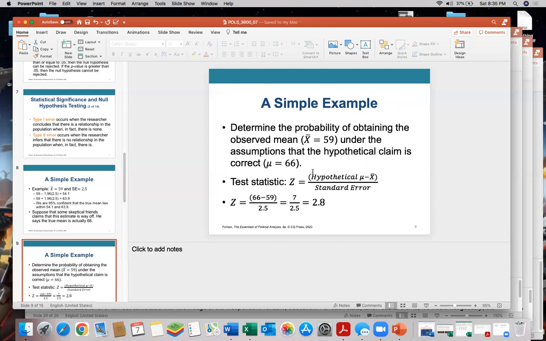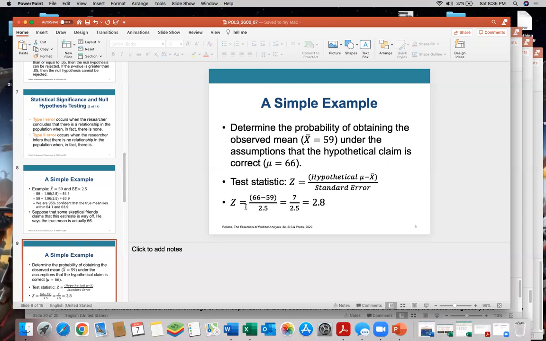This is the hypothetical mu, and it's Greek, so that's what we're thinking the actual real world mean is. Anything with Greek letters is the real world, and when it's Latin letters, like the X bar, that means it's just the sample.